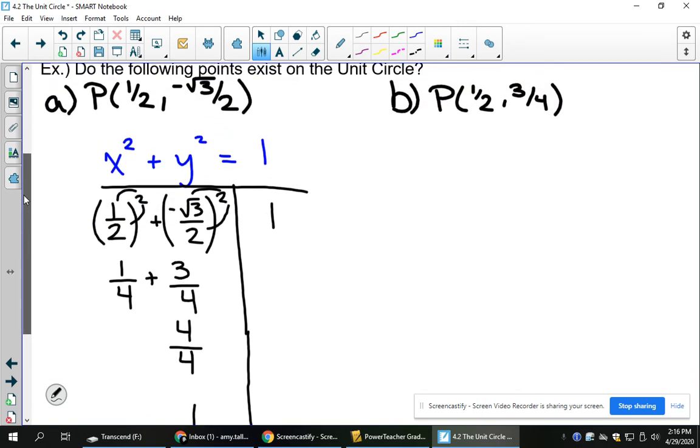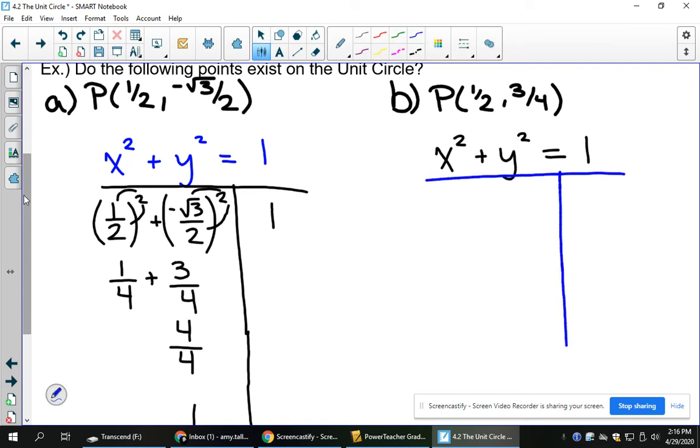Let's see what we get for part B. Here's the unit circle. I'm going to draw my T-chart with my vertical line right under the equal sign. I'm going to sub my point in brackets because I want to square everything.